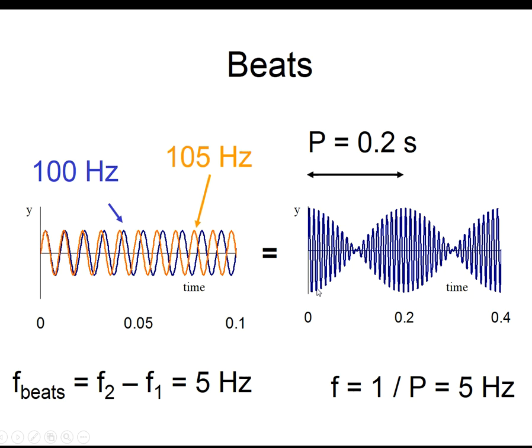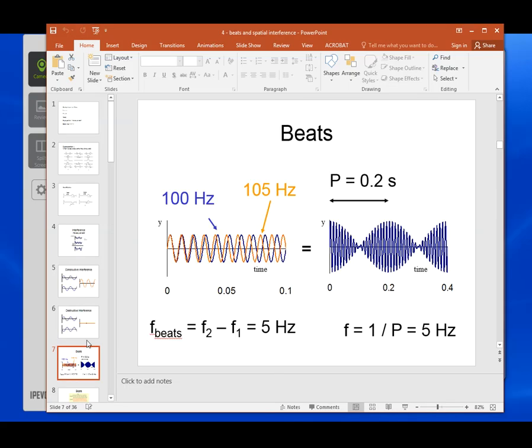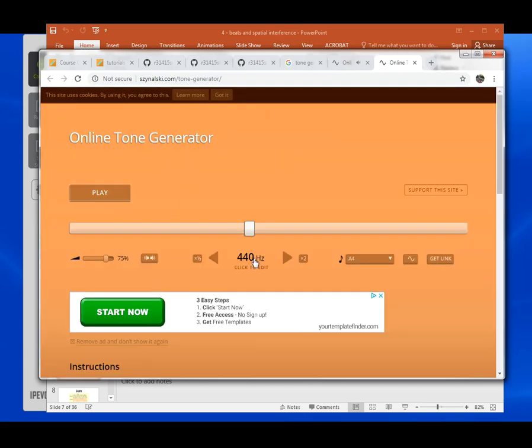Actually, I just realized that I had the earphone jack plugged in, which is the reason why it wasn't making sound earlier. So I'm going to go ahead and try this. For example, if I have something at 440 hertz, and I play this sound, I'm going to open up another instance of this and also play 440 hertz, but now I'm going to move it up by 1 hertz.